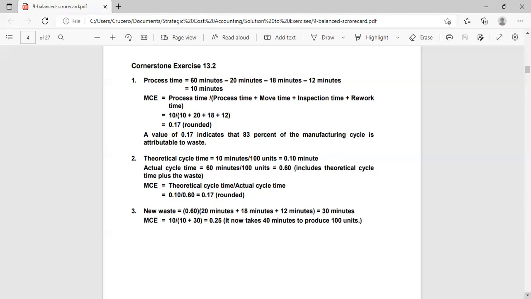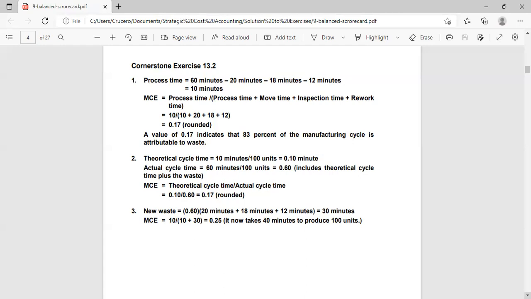Now with the solutions. Requirement number 1 is to determine the MCE, and a value of 0.17 indicates that 83% of the manufacturing cycle is attributable to waste.